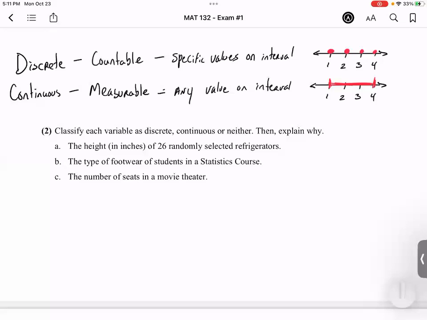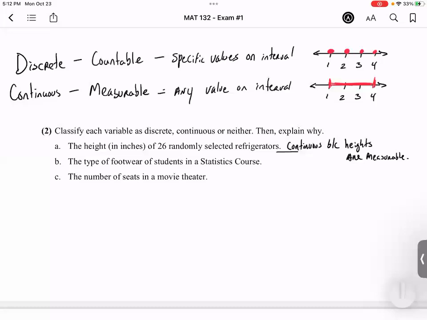The height. Now, do you think height is countable or measurable? It's measurable. So for part A, we have continuous. And that's again because heights are measurable. And that's it for part A.